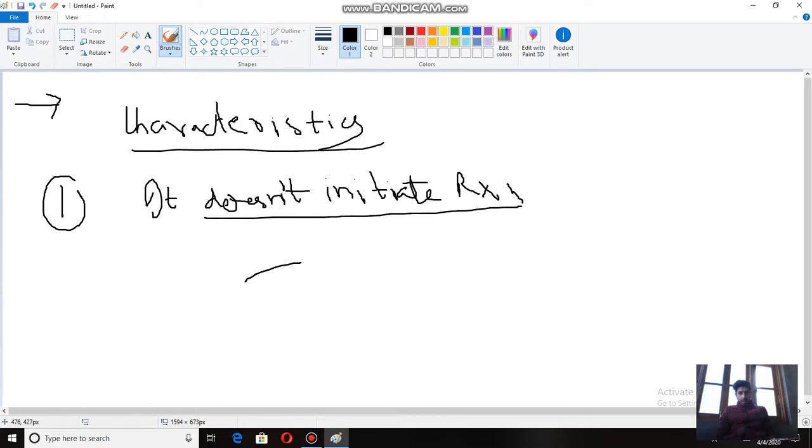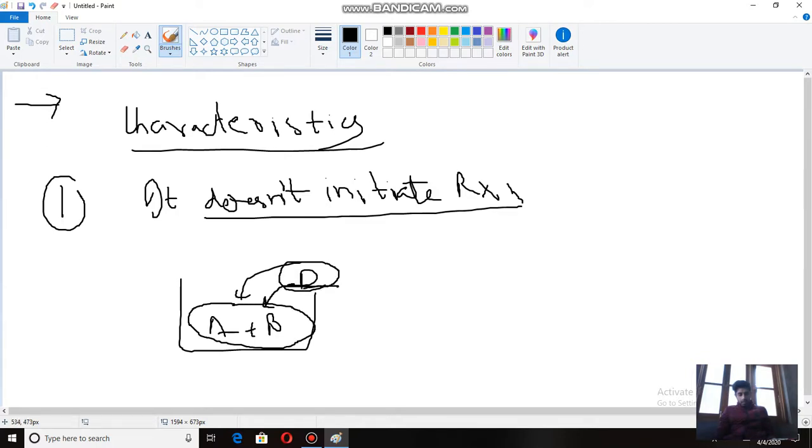That means by adding catalyst to some reaction A plus B, we cannot start this reaction by adding this D. This D will not start this reaction. It will just enhance its rate of reaction. It will not initiate this reaction. This is the first characteristic of this catalyst.